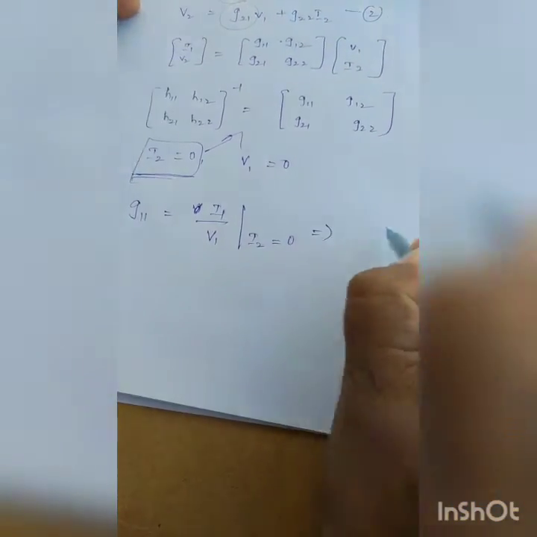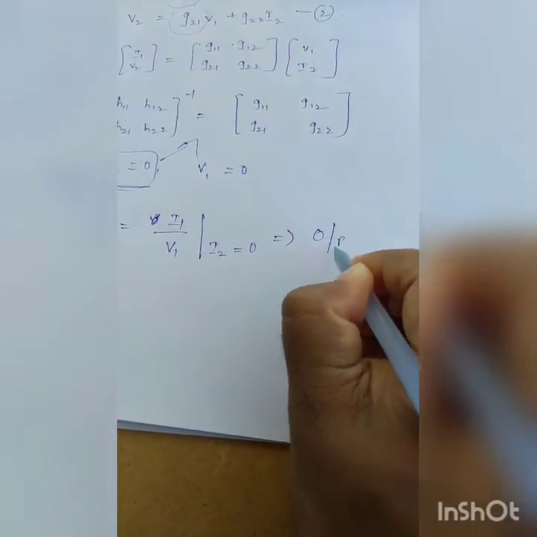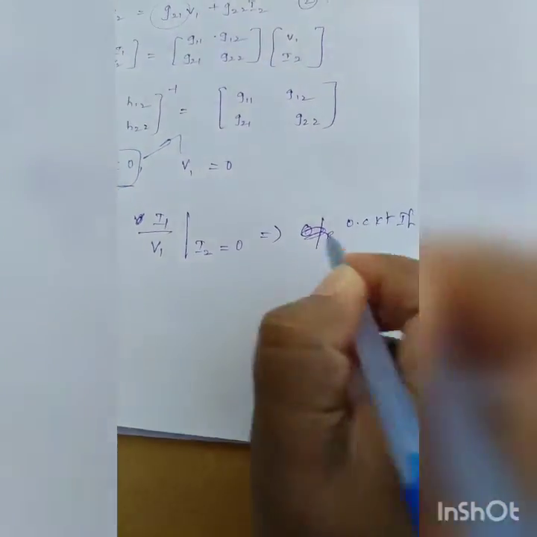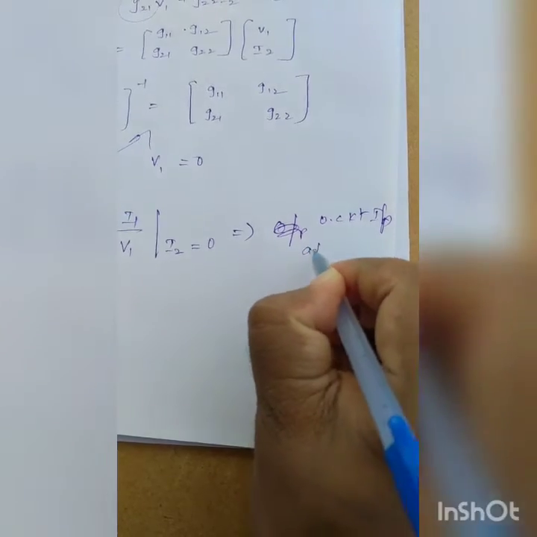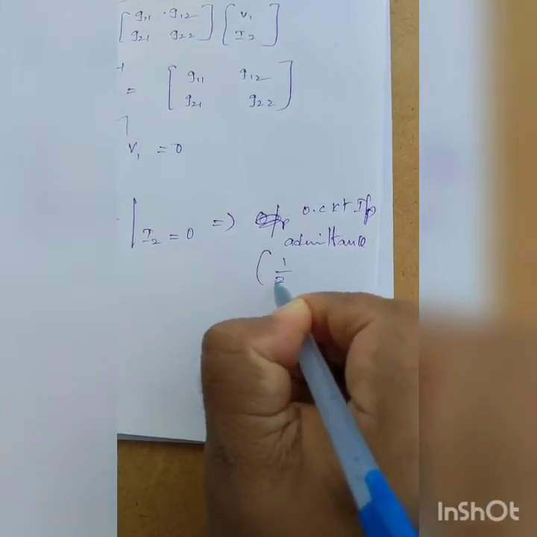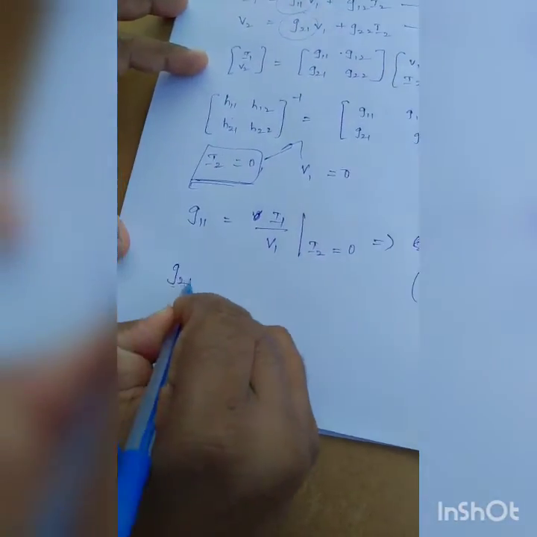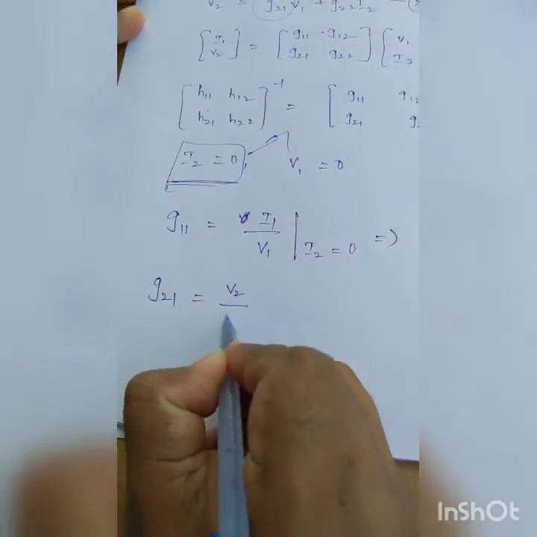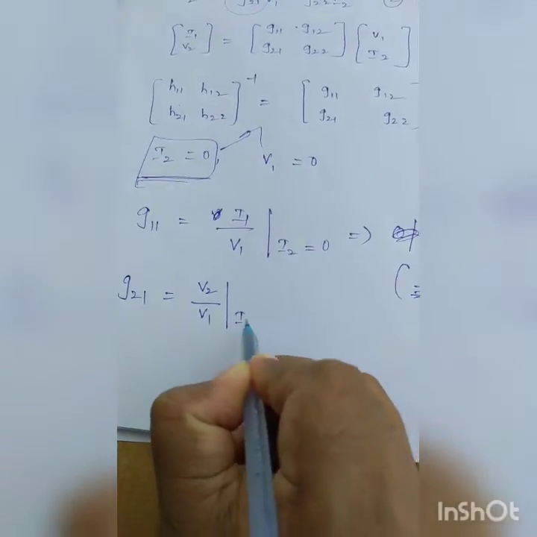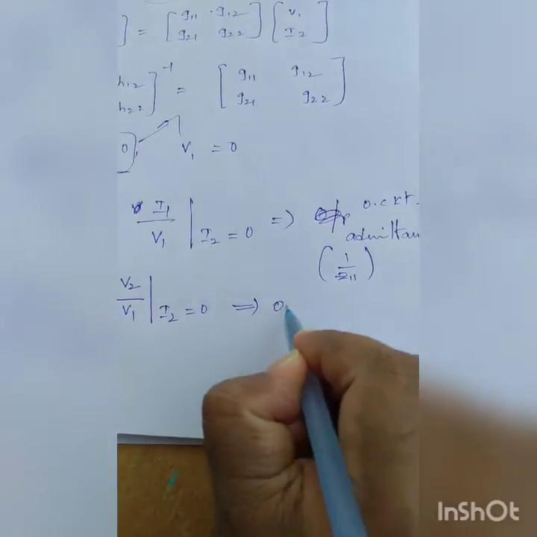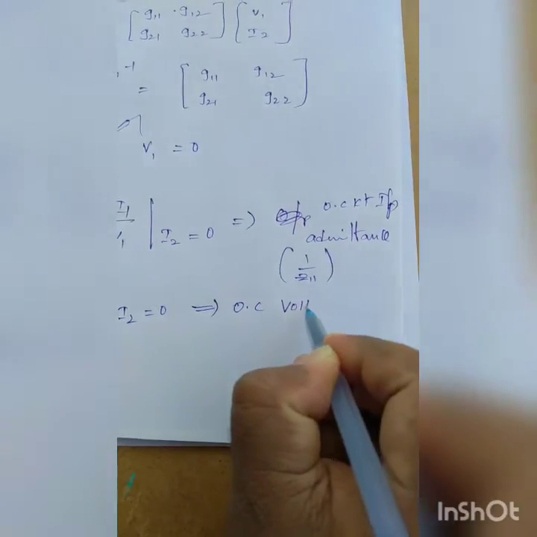This is called open circuit input admittance. That is known as 1 by Z11. And same as we have to find out G21. G21 is equal to V2 by V1, when current I2 is equal to 0. This is also known as open circuit voltage gain.